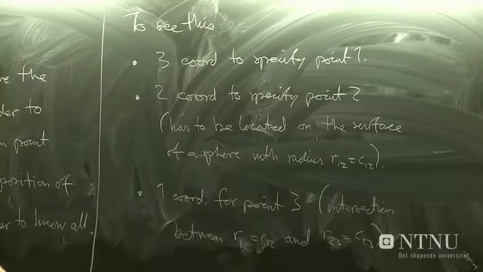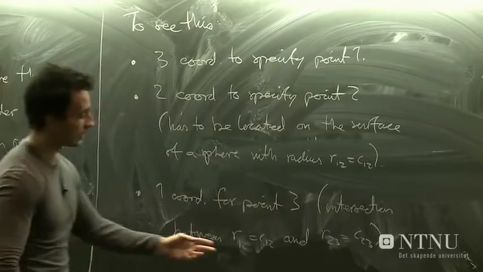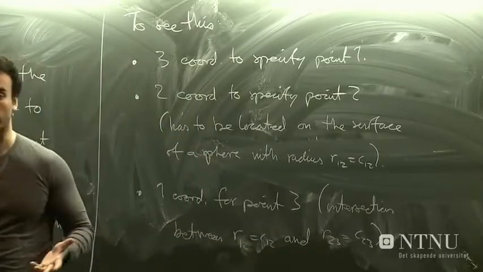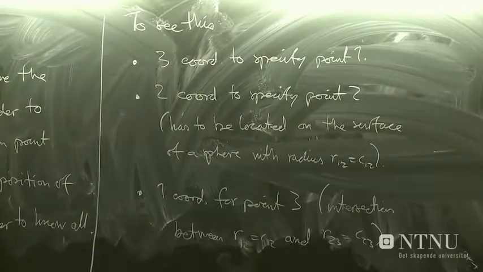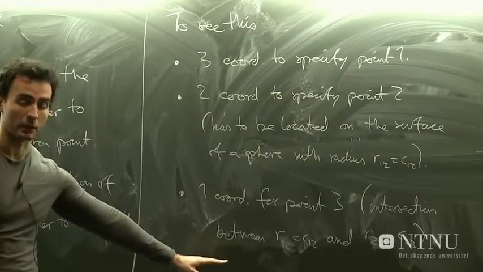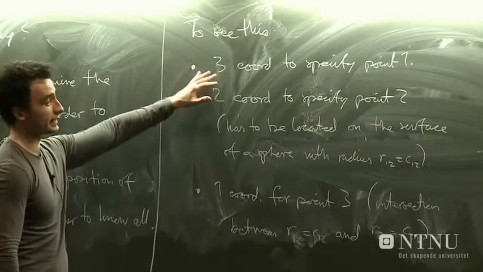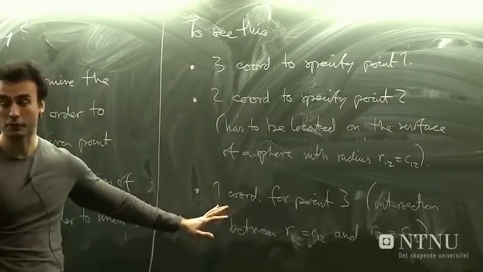Because this point has to be located at the intersection between these 2 spheres, which becomes a circle. And so point 4 will be completely fixed. We will know the position of point 4 just from the constraints once we have identified the first 3 points.